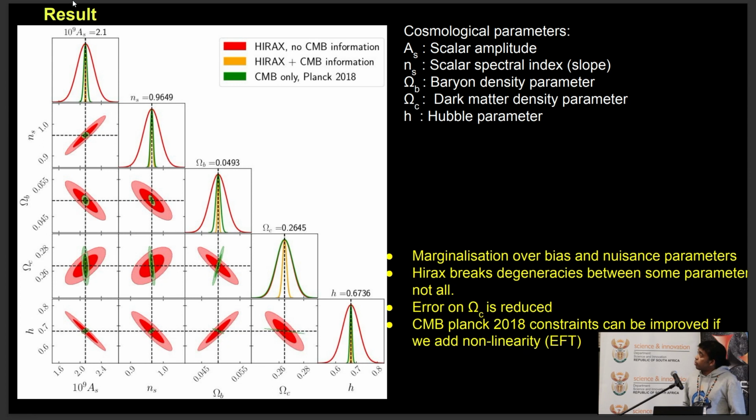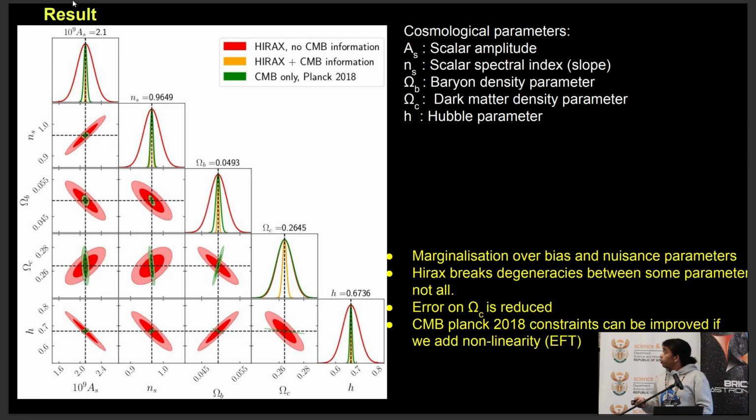As a result, the EFT gives a reasonable constraint, at the price of the free parameters, nuisance parameters, and counter terms that we've mentioned. It still gives us a reasonable constraint, and it also helps to break degeneracies in some parameters, not all.